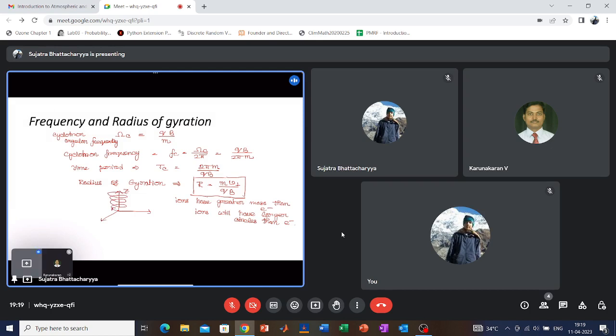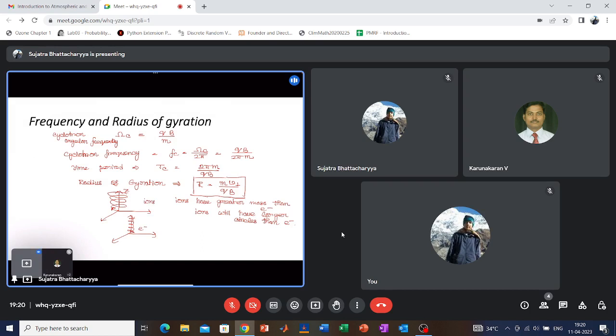If ions start in this direction, you find that electrons will start in the opposite direction and will have smaller circles. Why smaller circles? Because the radius is proportional to m. So this is the case of the electron. It will move in the direction just opposite to that of the ions.